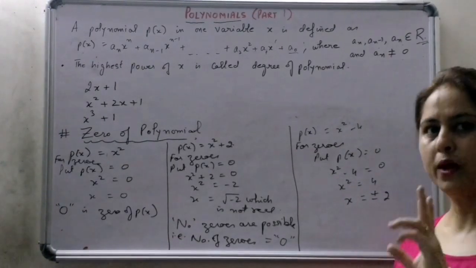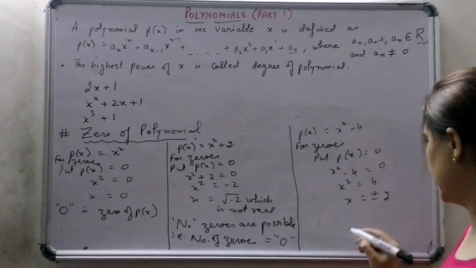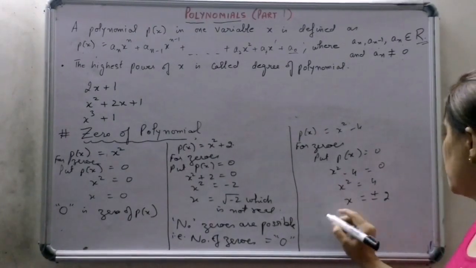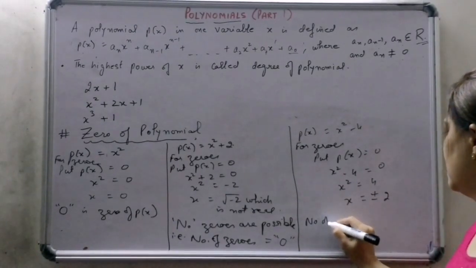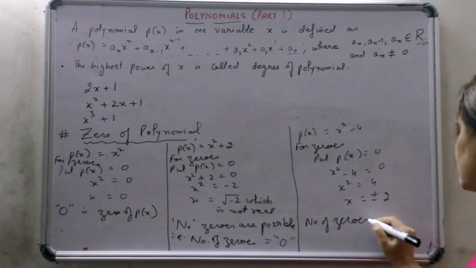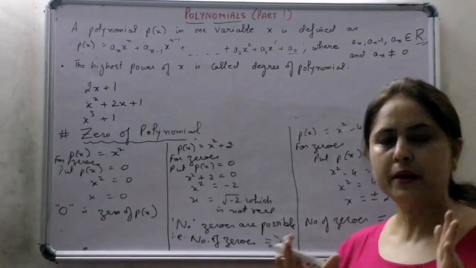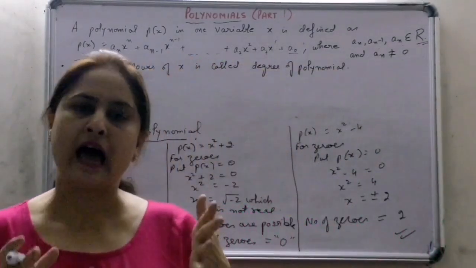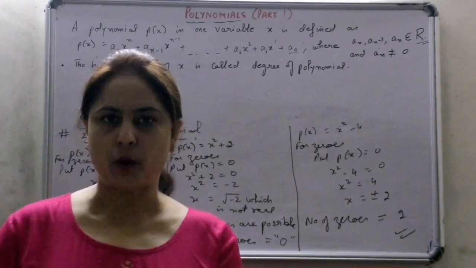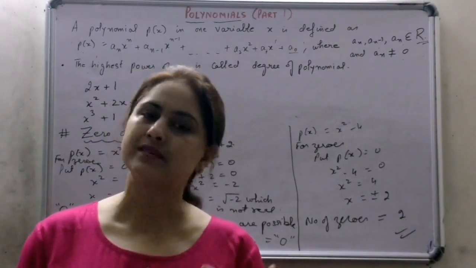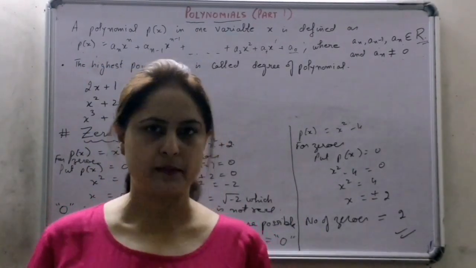It means in this case we have two zeros of the polynomial. So the number of zeros in this case is 2. So the maximum number of zeros that a polynomial can have is equal to the degree of the polynomial, and the minimum number of zeros is the numeric 0. We have to keep this in mind.